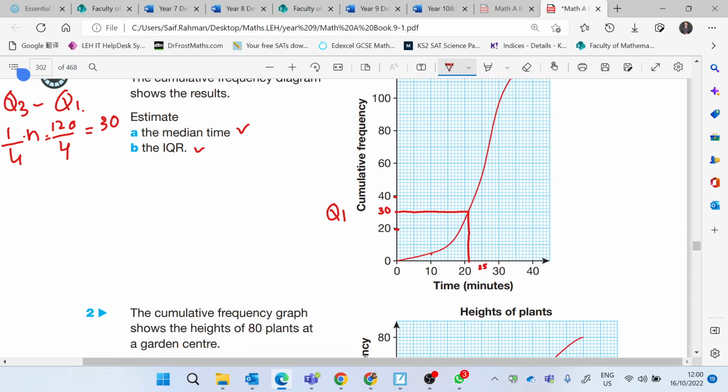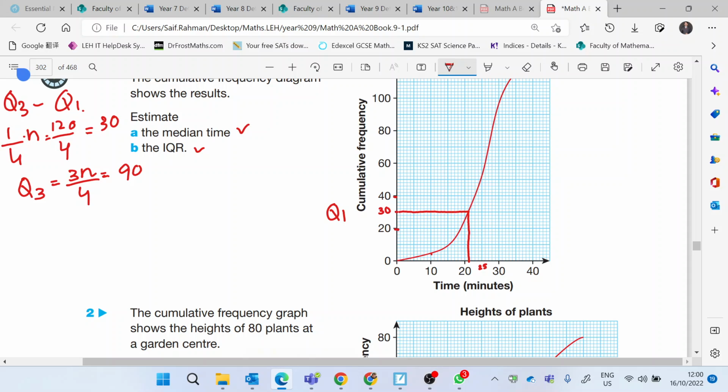Now for Q3, it is 3n over 4. So 30 times 3 is 90.